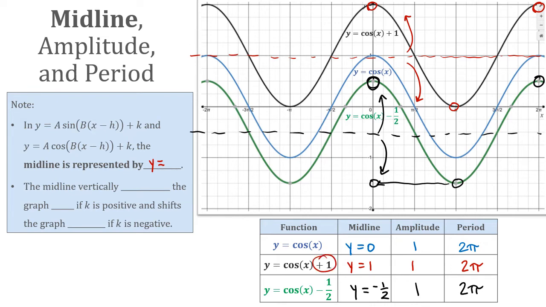When the midline was y equals negative 1/2, we had a minus 1/2 on the end. So the midline is represented by whatever that k value is on the end. And the midline vertically shifts the graph up if k is positive, and it shifts the graph down if k is negative.